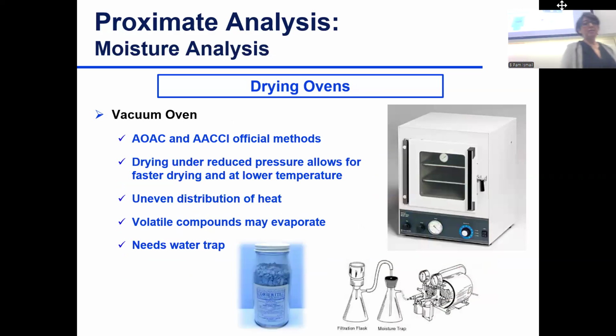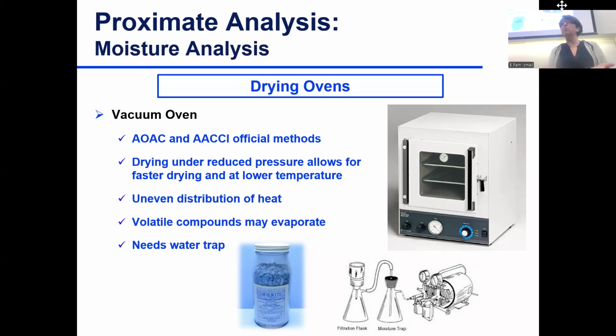Vacuum oven has advantages over the forced draft oven because we can dry at lower temperature. When you have vacuum, the boiling temperature of water is reduced, so it evaporates at lower temperature. By doing that, you avoid burning and potentially Maillard reaction. But you still have some disadvantages.